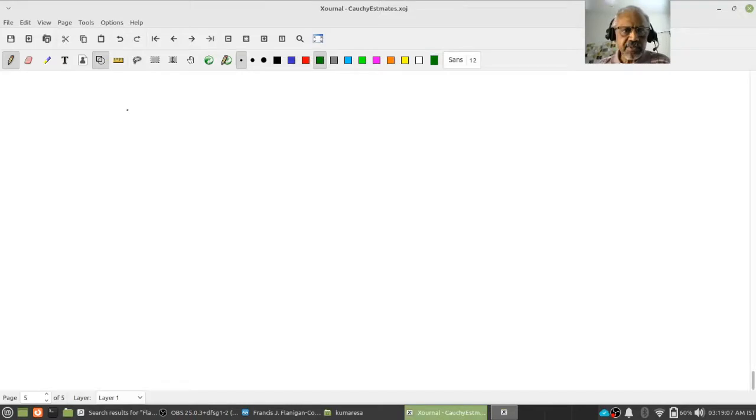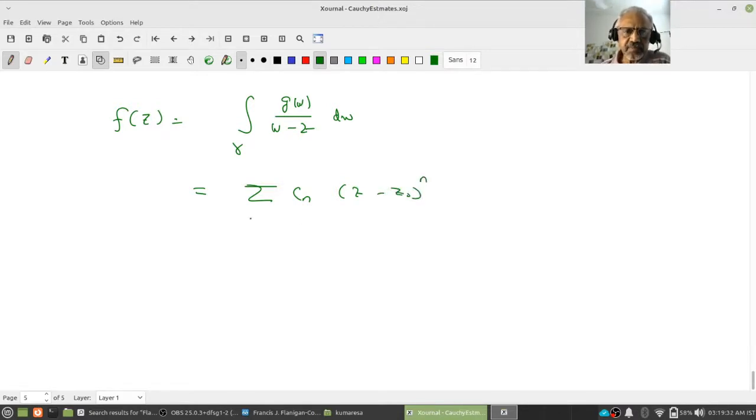So what we did was, if f(z) is the integral over gamma of g(w) by (w minus z) dw, then we found out it is of the form sum of c_n (z minus z0) to the power n.